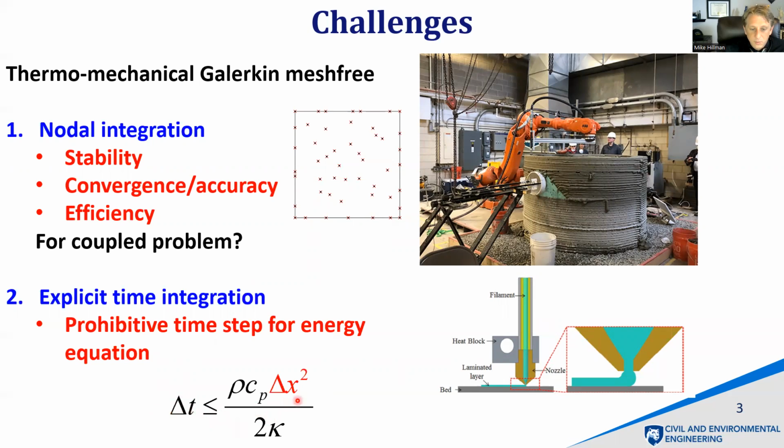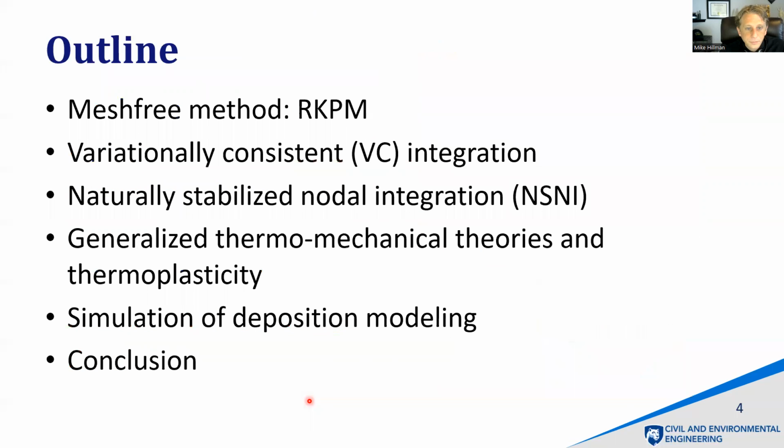Your time step will have to be less than this particular form, which includes the nodal spacing squared. So as you crunch up your nodal spacing, you're crunching up your time step, and generally explicit methods are considered prohibitively expensive for the energy equation. So you go with implicit, but we're going to try to do things explicit and see how that turns out.